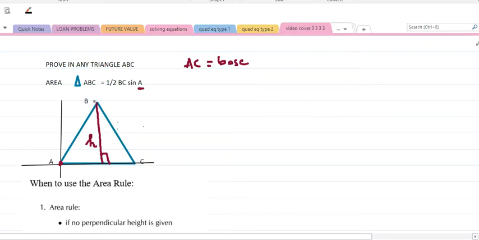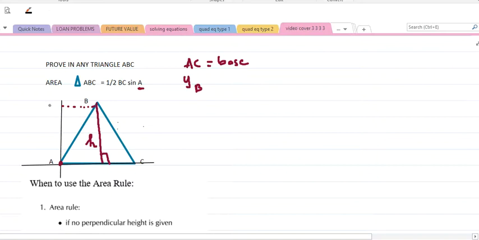Now if we look at the height, and now let's look at the coordinates of B, especially if we look at the y coordinate of B. The y coordinate of B, as we can see from the diagram, is the same as the height of the triangle.